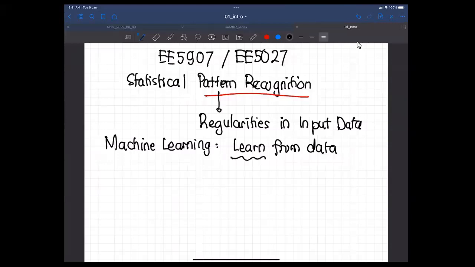So in other words, the definition or the meaning of pattern recognition and machine learning are the same thing. Machine learning implies pattern recognition implies machine learning. Because when we want to find patterns, we need to learn about the data. We need to find something, the regularities, in the data.